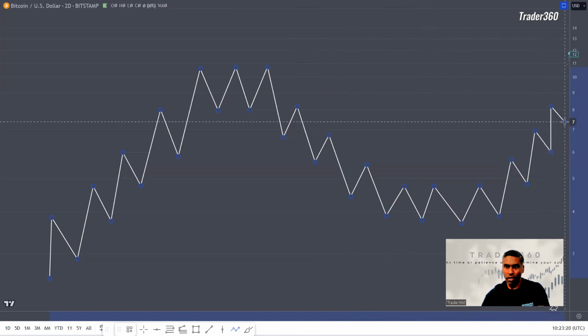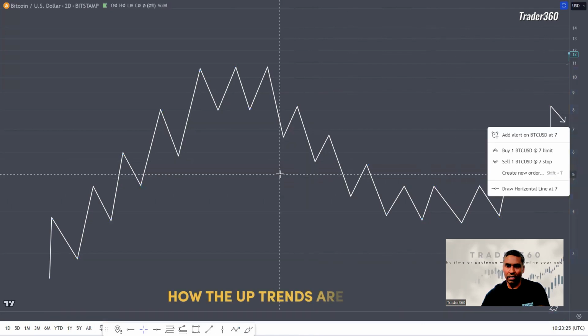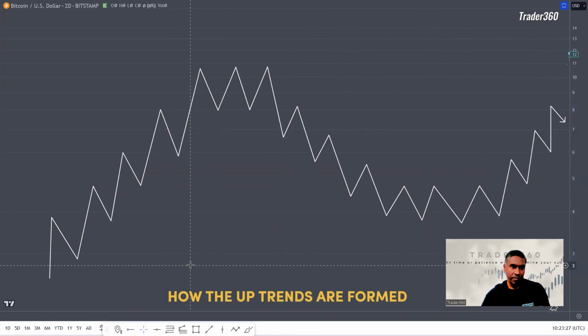Now, let's see how we define these moves. So here, this price, for example, was at $2 and then it goes up. So maybe it goes to $5, $4, $6, and then it comes back. Now, this is an upward move, and this move to the downwards, we call it a retracement.